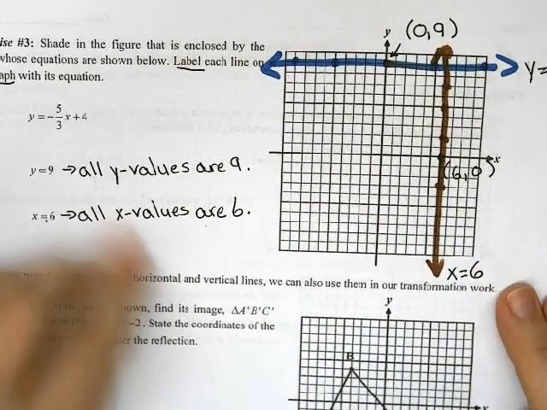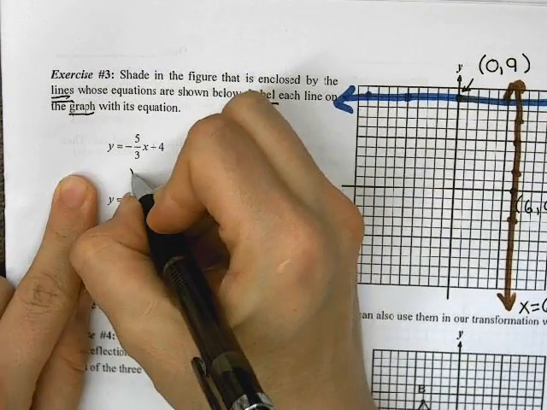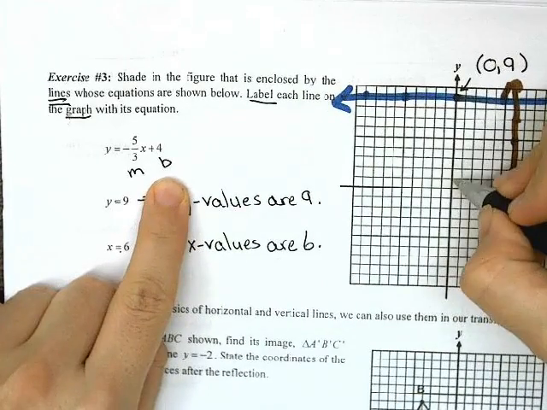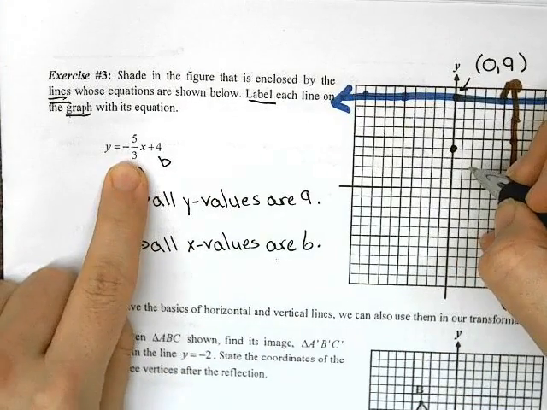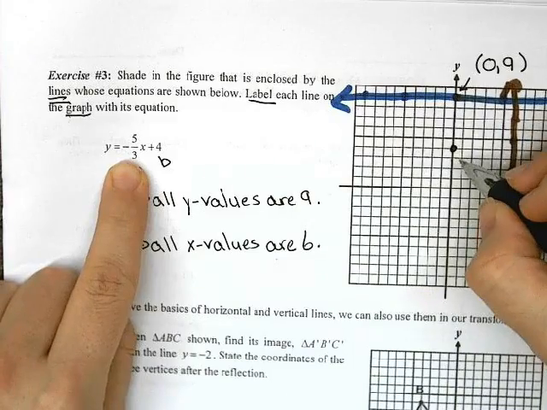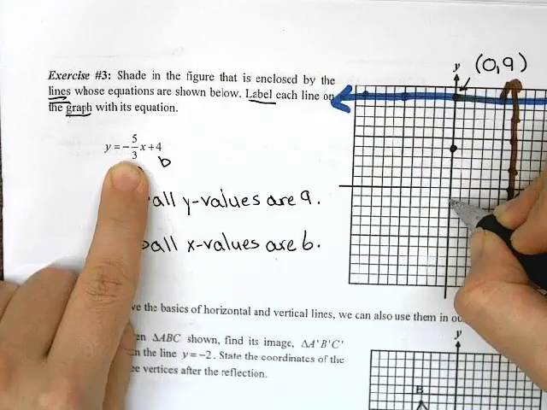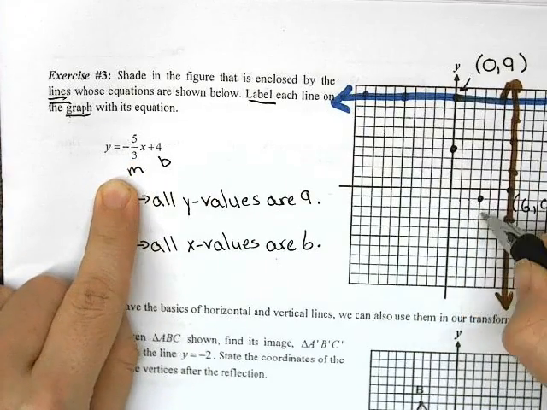Now we've studied these equations before. So again, this is my m and this is my b. I'm going to begin at 4. And this tells me, because it's negative, it only means to go down, and then I'm always going to go to the right. So I go down 5 and then right. I'm going to do the same thing again.